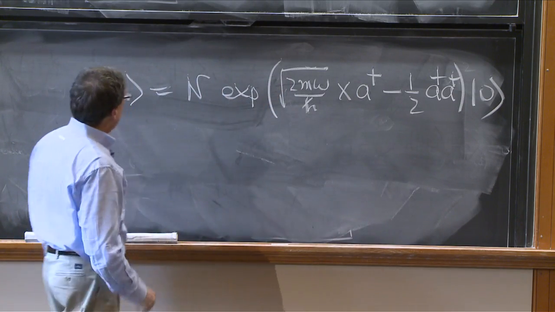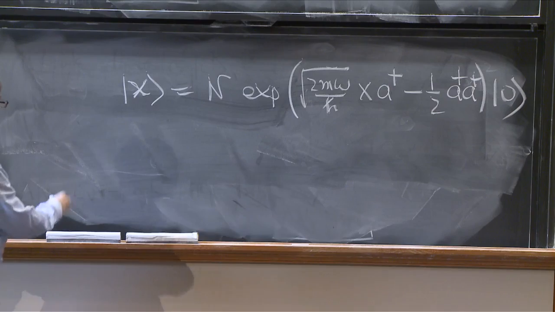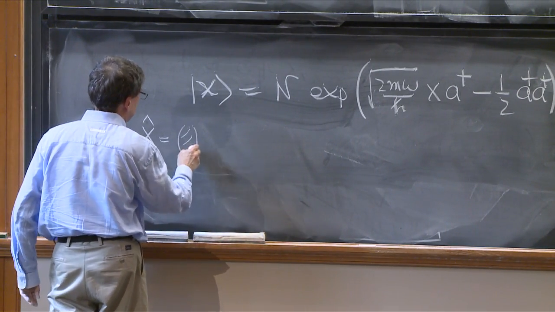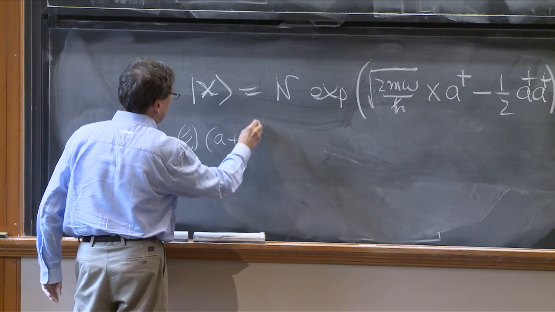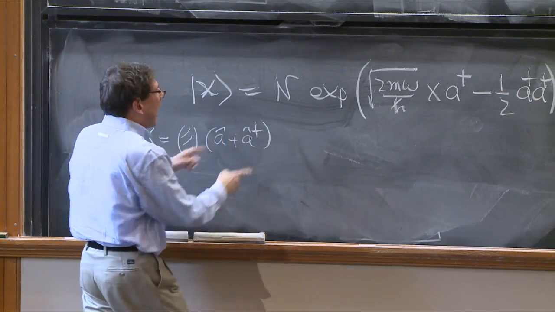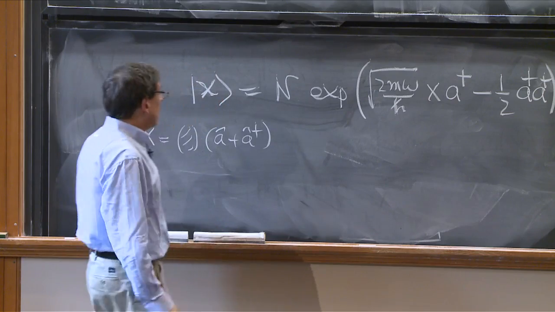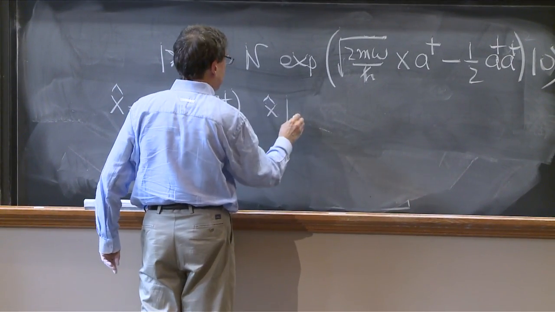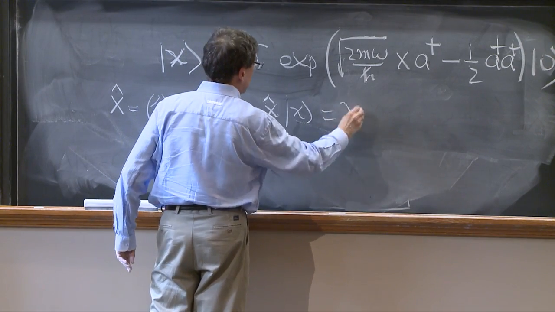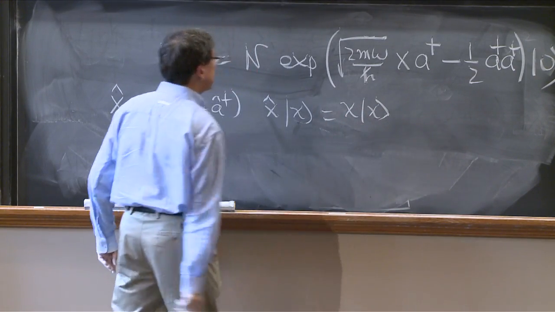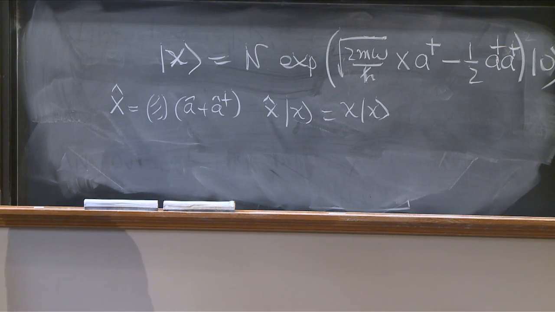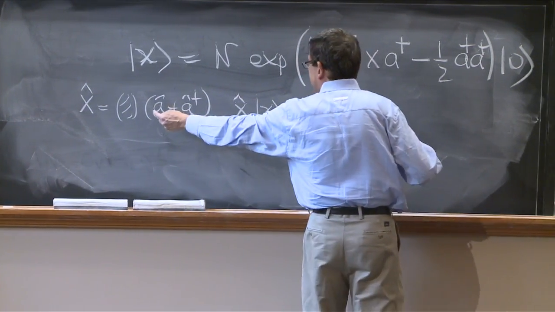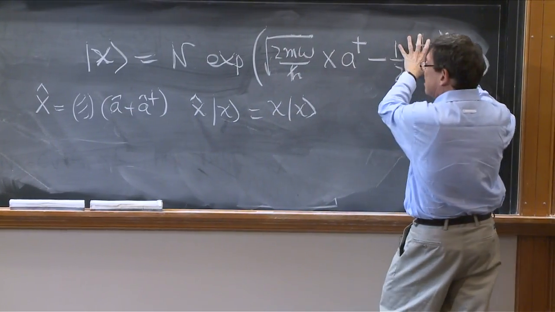So how do you check this? Well, you should check that the x operator, which is something times a plus a dagger, acting on this thing, gives you little x. And that is going to work out because the a dagger is going to sit here and it's going to get canceled with the a with this.